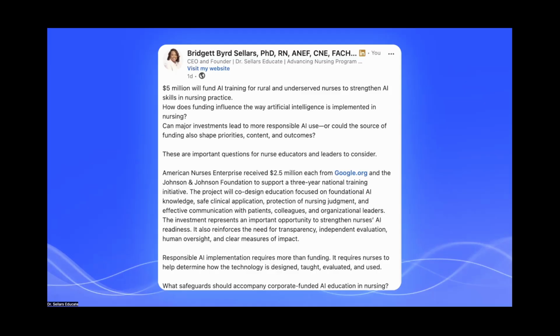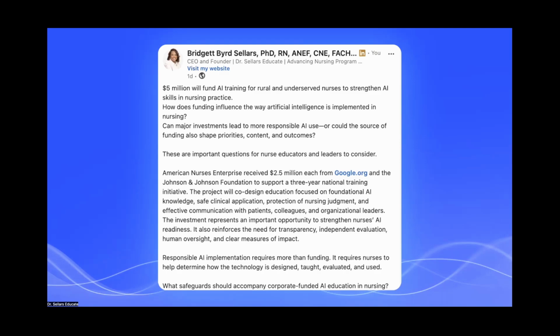How do you all think funding influences the way AI is implemented in nursing? Can major investments lead to more responsible AI use, or could the source of funding also shape priorities, content, and outcomes? Now, I think these are very important questions for us as nurse educators and administrators to consider.